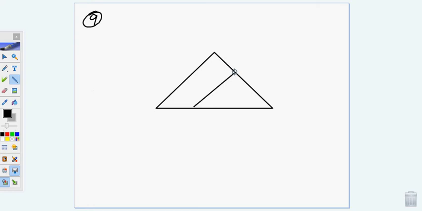Okay, and I tell you that these two lines are in fact parallel. Then I know something about these angles, right? I know that if these two lines are parallel, these angles are congruent because of the corresponding angles theorem that we learned way early on.